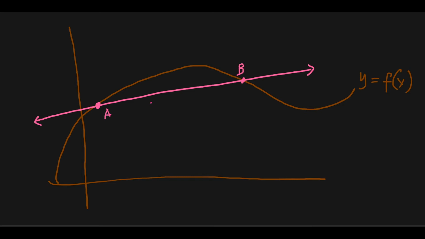But this secant line that intersects our curve y equals f of x will help us to determine our derivative formula. So how do we determine the coordinates of point A and point B?